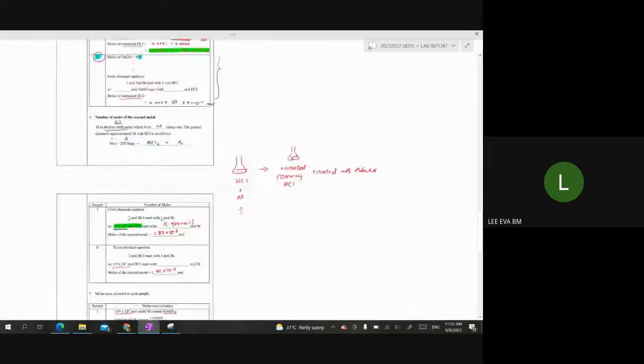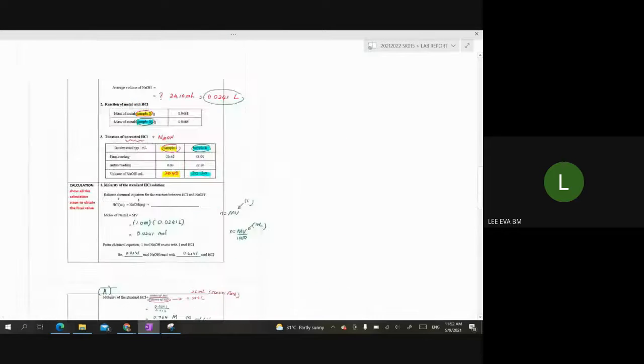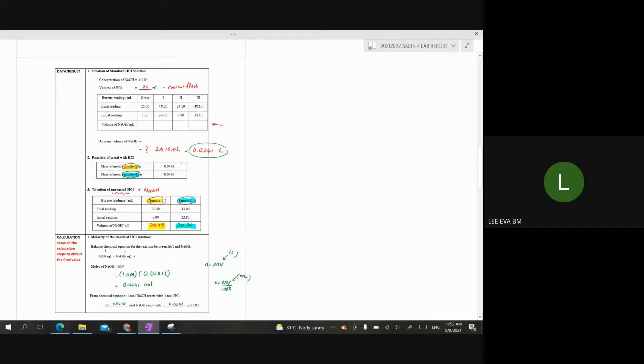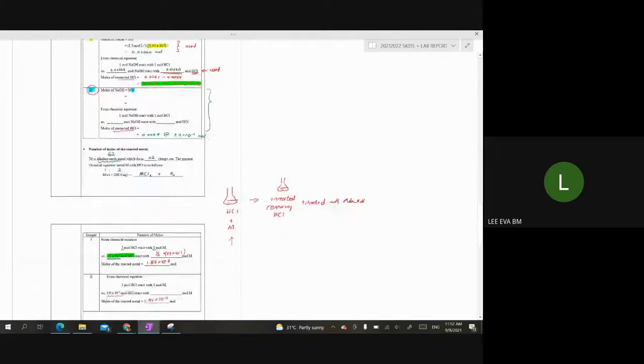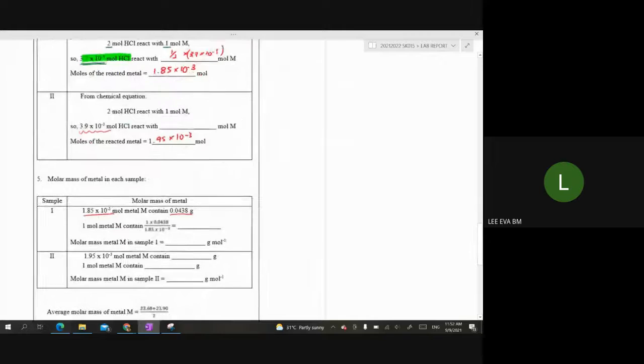Madam gave the data at the very beginning in this part. So the mole of metal M we already obtained, 1.85 times 10 to the power of negative 3, corresponds to the mass 0.0438. Here we can get your molar mass.